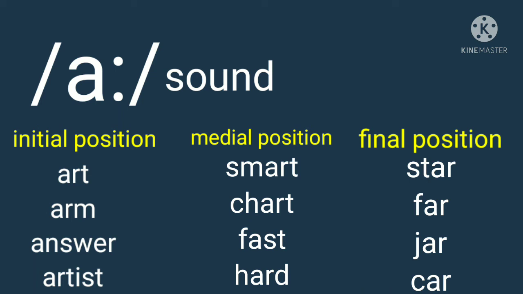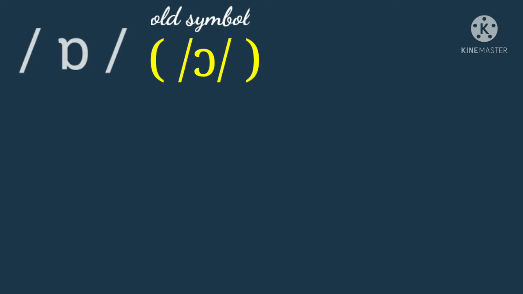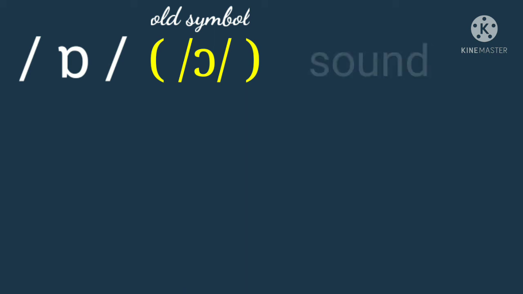Now next one is the sound O. How it is written, you just look at the board and find out. It is rather difficult to explain it. This sound occurs only initially and medially.